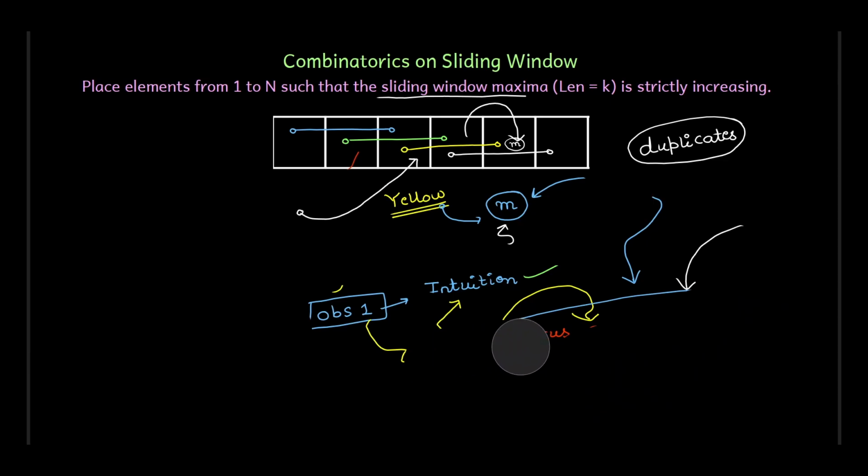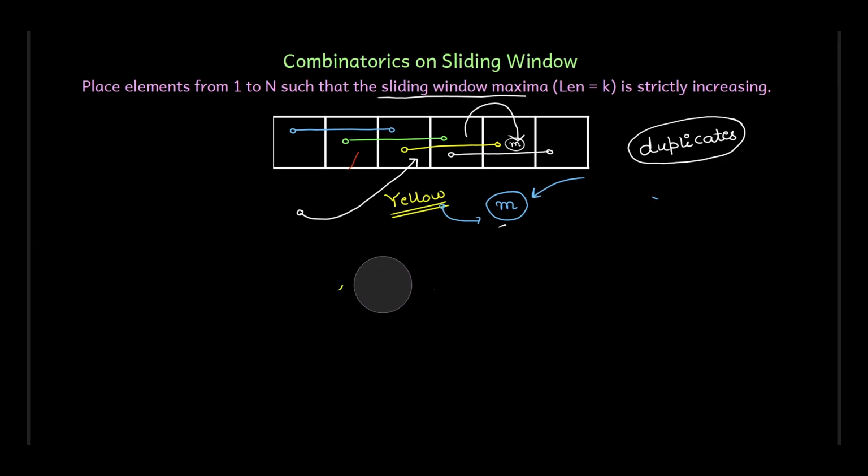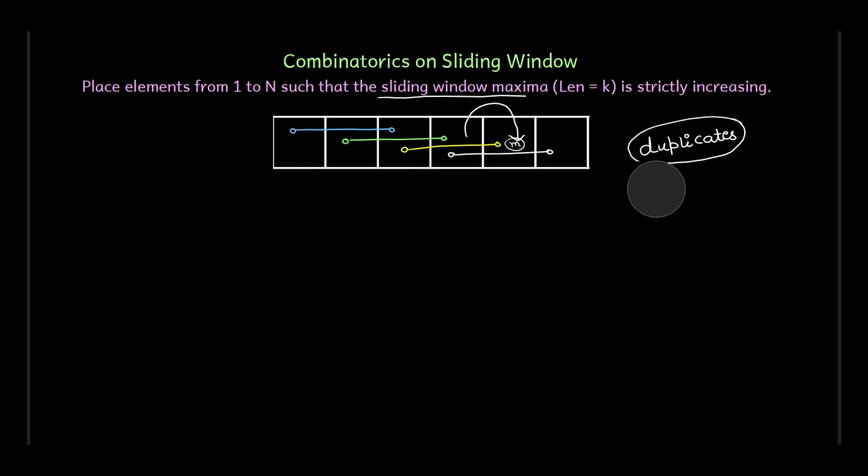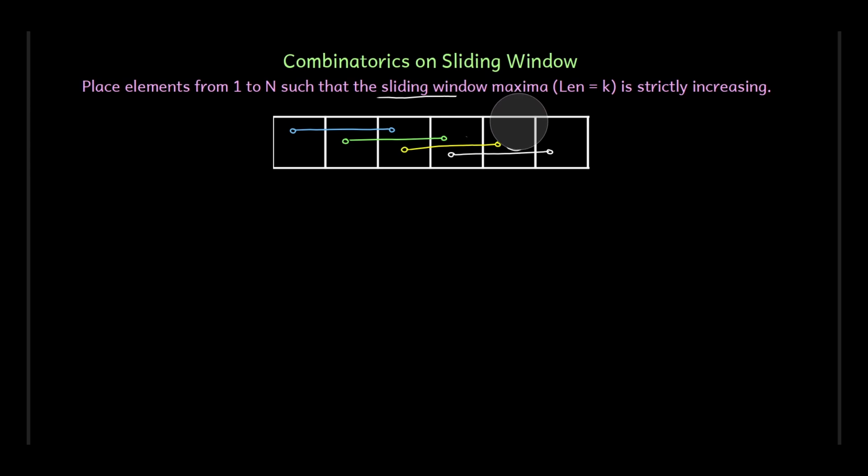So how do we make those observations? Now let's look at this window again. Let's look at the figure on your screen, and also let's keep in mind that maxima can have multiple copies lying in several windows.